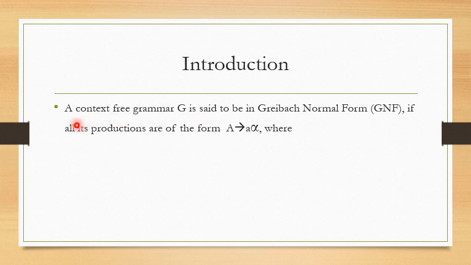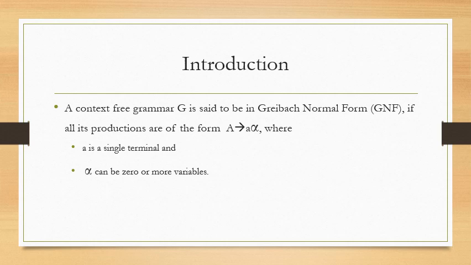A context-free grammar G is said to be in Greibach normal form if all its productions are of the form A can be small a followed by alpha. So A is the non-terminal, small a is a single terminal, and alpha can be 0 or more non-terminals or 0 or more variables.